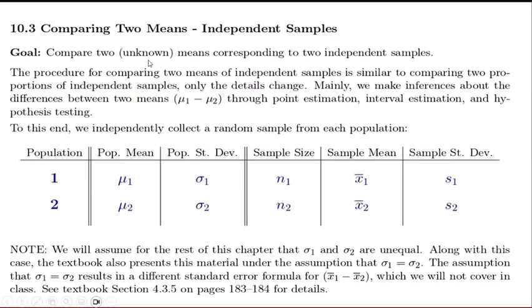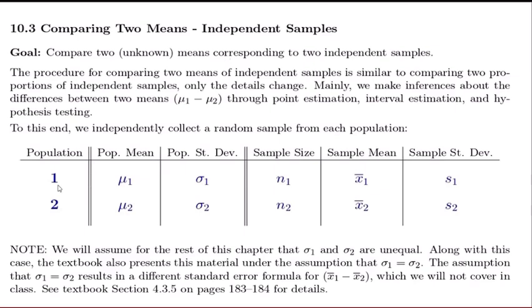You may want to compare the average household income in two countries, maybe the United States and Canada. We need to take a random sample from the two populations, and what we want to do is compare two unknown means corresponding to two independent samples.